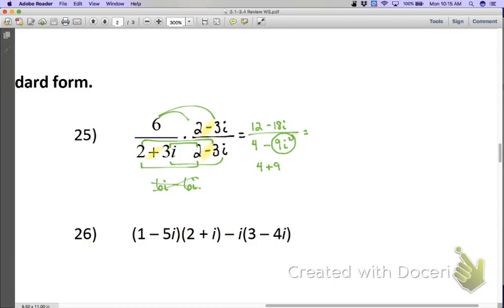Okay, because what is negative 9 times negative 1? Positive 9. So 4 plus 9 is just going to be 13. The top side, nothing changes. So I just have 12 minus 18i.